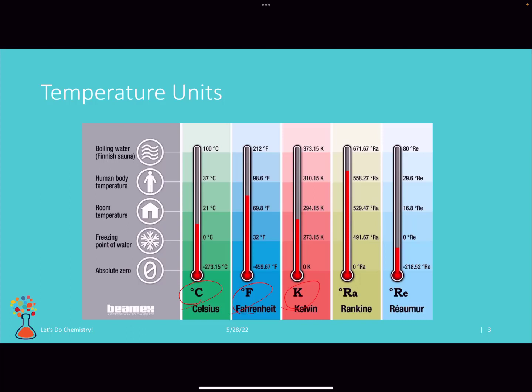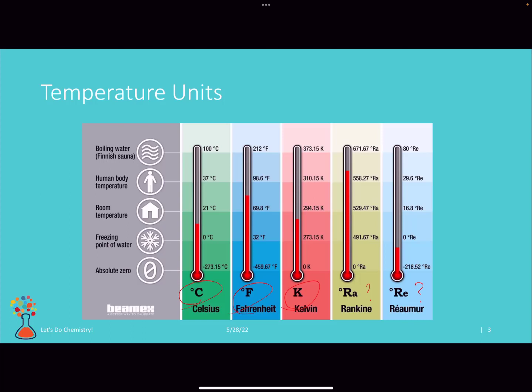In the following videos, I'm going to give you a little more insight about these three units. I'm not very familiar with the others, so I'm going to skip those. But by the end of this video, I'm going to show you a very interesting question with which you can create your own temperature unit.